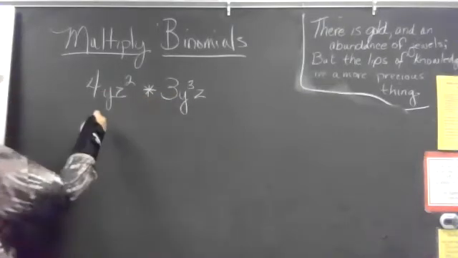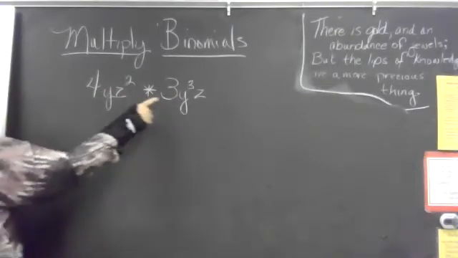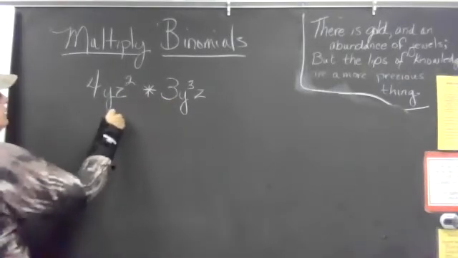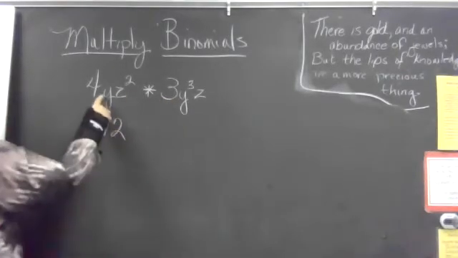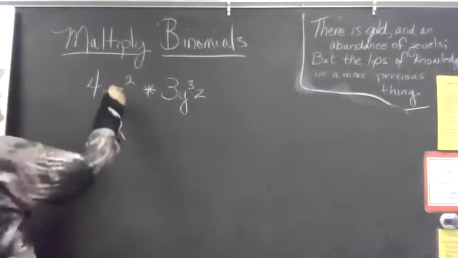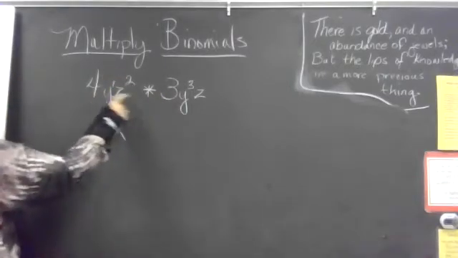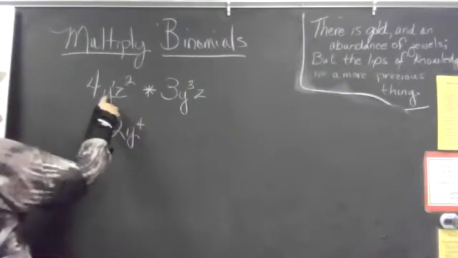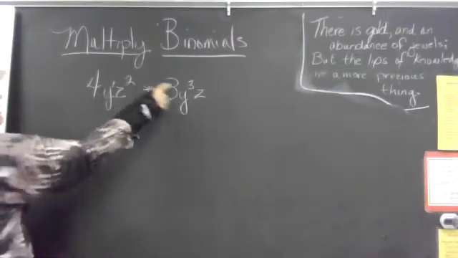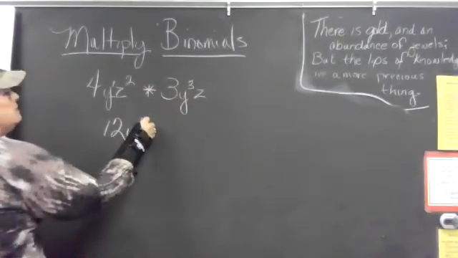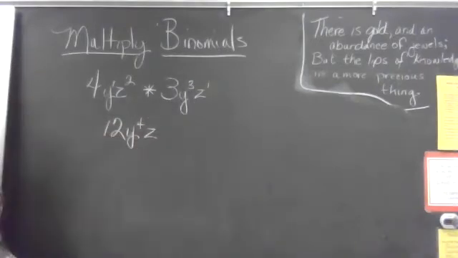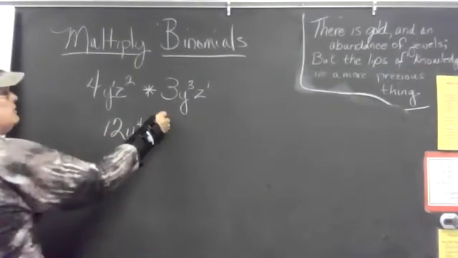When we're multiplying, you simply multiply the coefficients, which are the big numbers, and we get 12. Then you look at the y's. This is 1, and so we have y to the 4th, because when we multiply same bases, we add the exponents, and then z again, this exponent is 1, and so we have z to the 3rd.